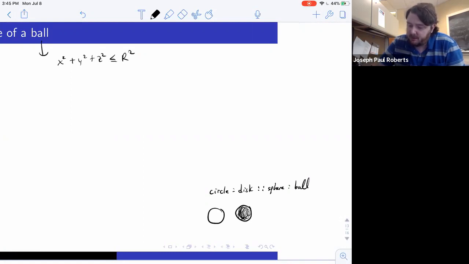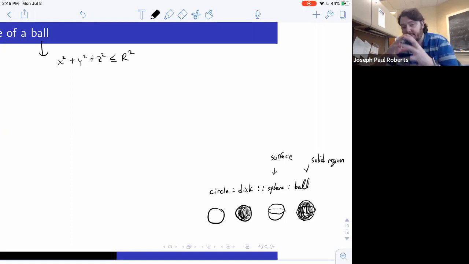Whereas a sphere is sort of a surface. It's like the Earth's crust. It doesn't consist of points on the inside, but a ball is a solid sphere. So it consists of all the points on the sphere or inside. So solid region. Whereas the surface, the sphere itself, is just the two-dimensional surface.